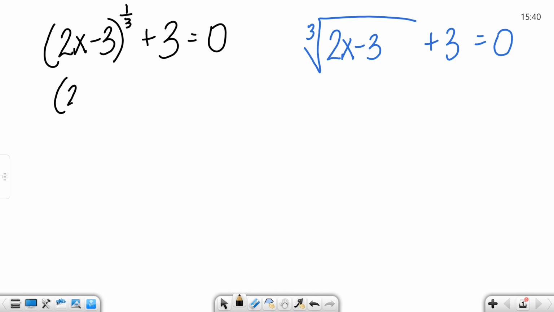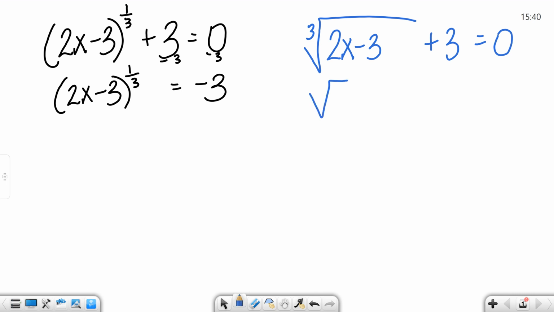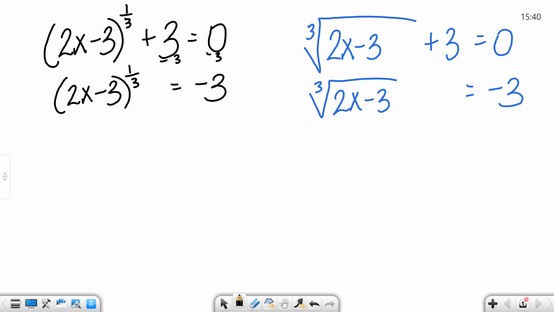Either way, the radical needs to be isolated, so I need to move that 3 to the other side. So I end up with -3. So on this one, we do the same thing. We isolate the radical. Now, I think it's clear to you for the blue, maybe it's clear, what you should do to both sides.